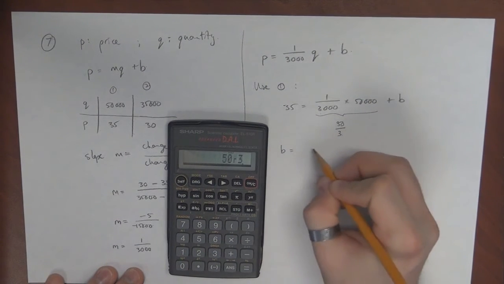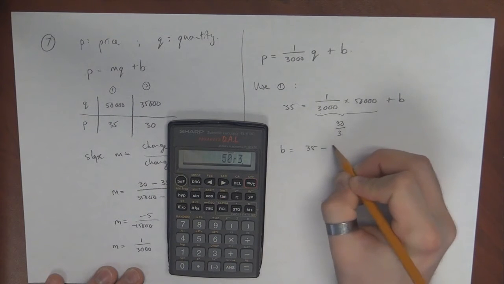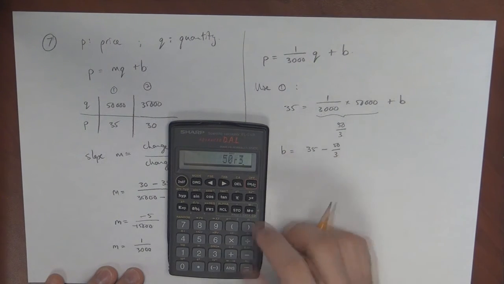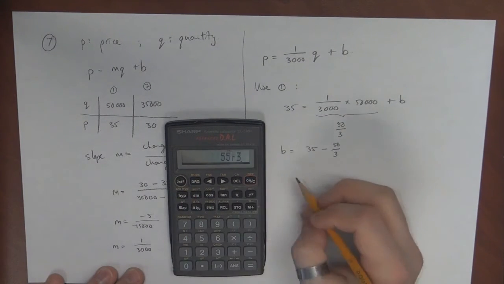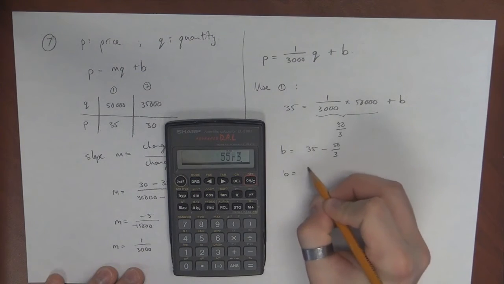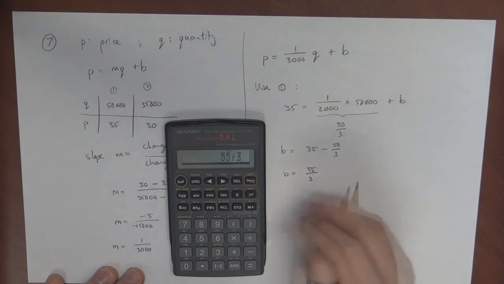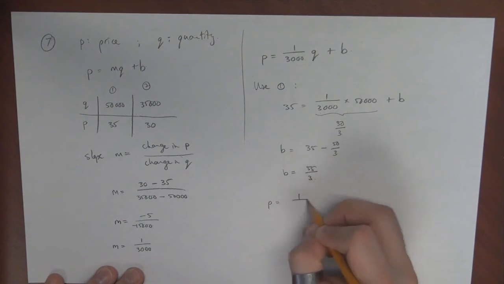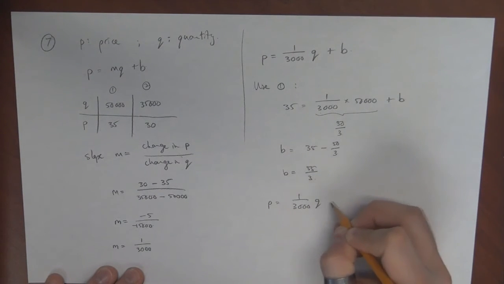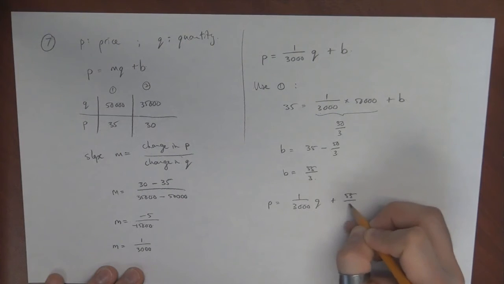So B equals 35 minus 50 over 3. So 35 minus 50 over 3 is 55 over 3. So P equals 1 over 3,000 Q plus 55 over 3.